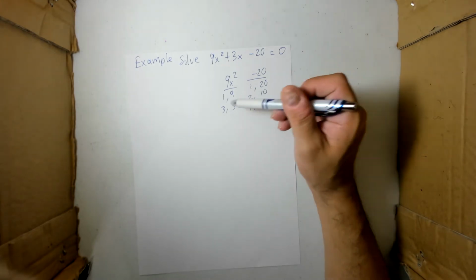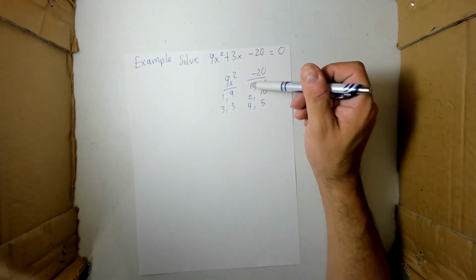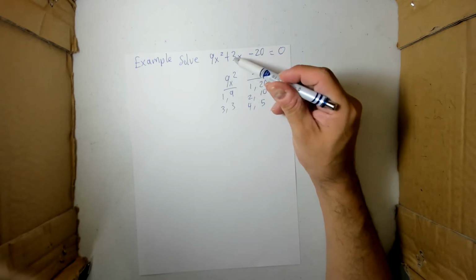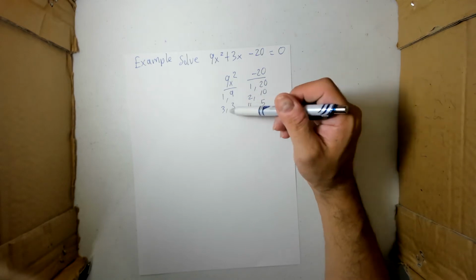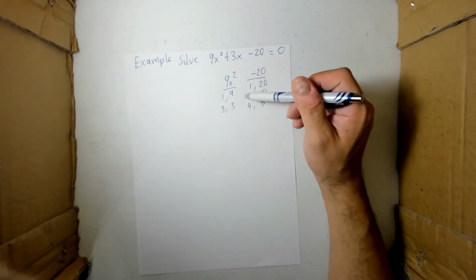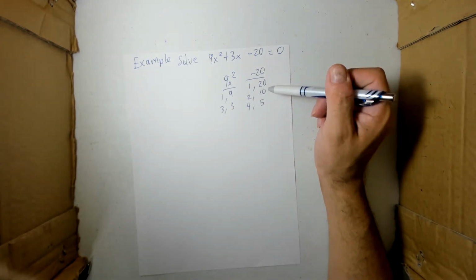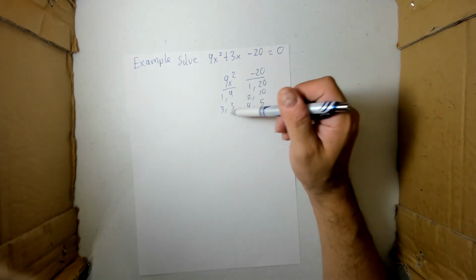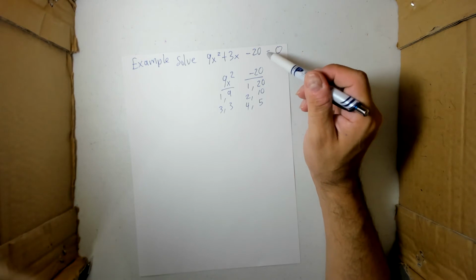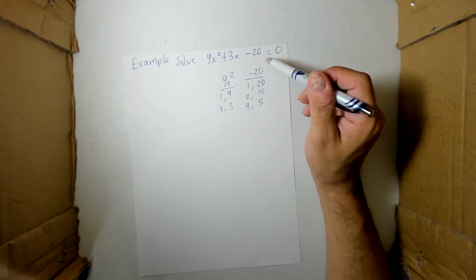That's 60. 3 times 3, that's 9. That's nowhere near each other. They won't have a difference of 3 by any means. 3 times 10 is 30. 3 times 2 is 6. 30 and 6, that's a difference of 24. Now here, 3 times 5 is 15. 3 times 4 is 12. Aha! Here, the difference between them is 3.